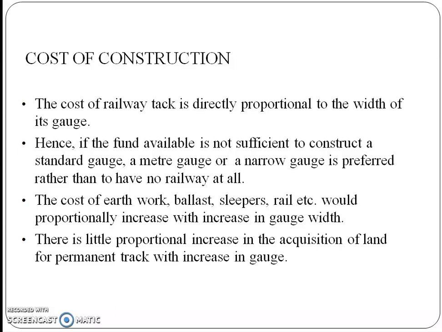The cost of earthwork, ballast, sleeper and rail increases proportionally with the increase in gauge width. Simply, as the gauge width increases, the cost of the remaining components, sleeper and ballast, also increases because we have to provide more.